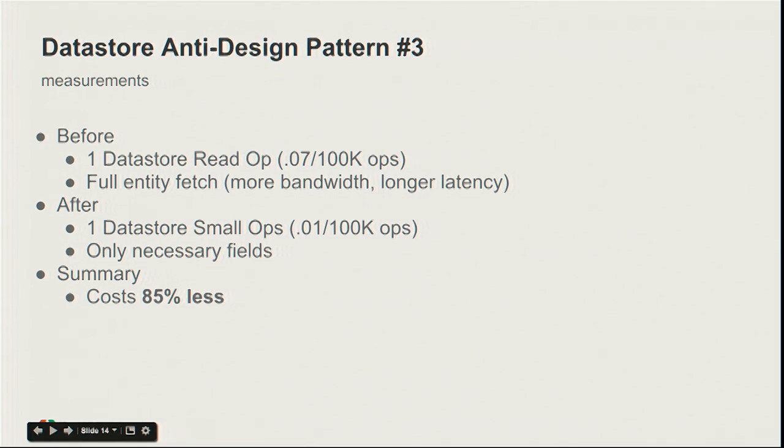The second query, 1 cent per 100,000 ops, 85% less. And this is something that's really easy to switch out. But again, one thing to know about projection queries is you can't write to an entity returned from a projection query. So something to be aware of: if you find something you want to write, fetch that entity and write it. You don't have to replace it everywhere, but where you can use it, you really should.